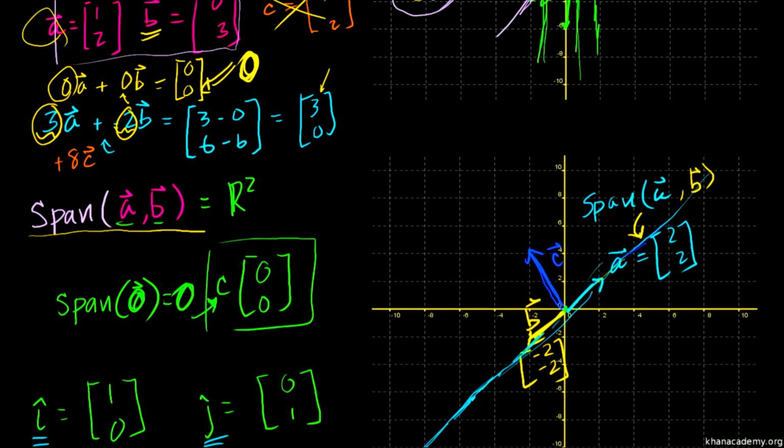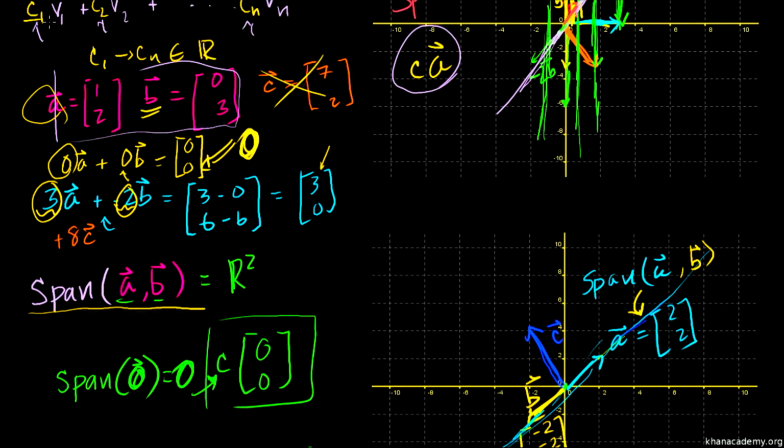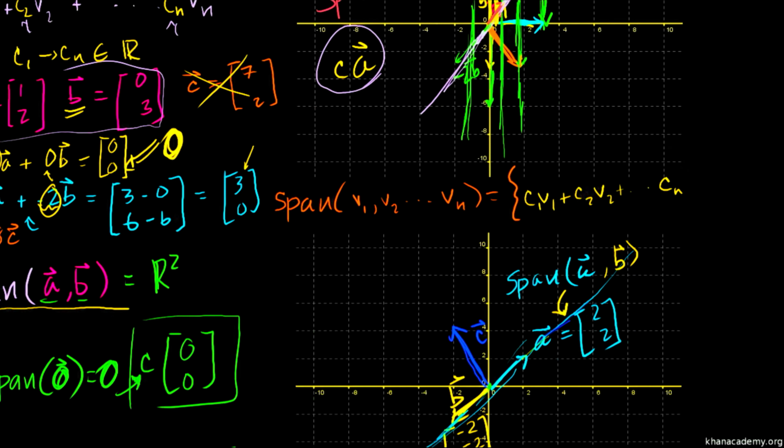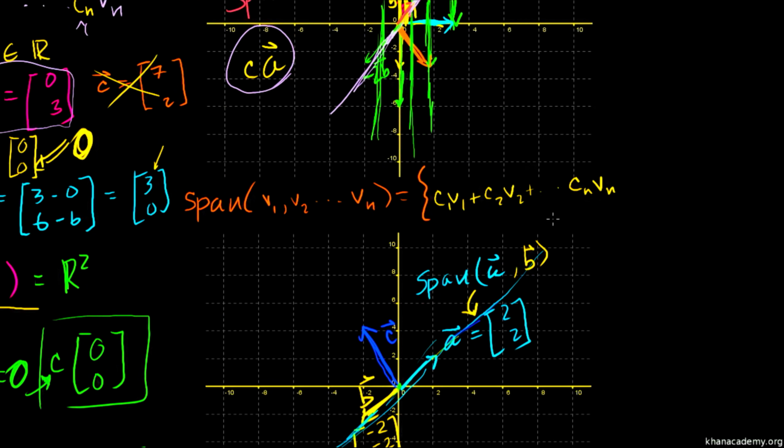But let me just write the formal mathy definition of span, just so you're satisfied. If I were to write the span of a set of vectors v1, v2, all the way to vn, that just means the set of all of the vectors where I have c1 times v1 plus c2 times v2 all the way to cn vn.